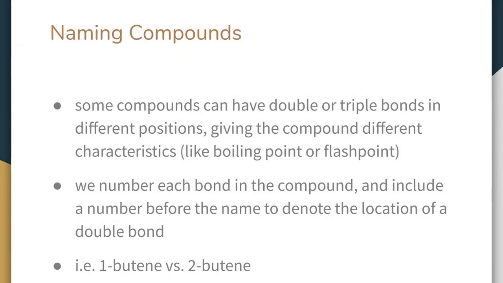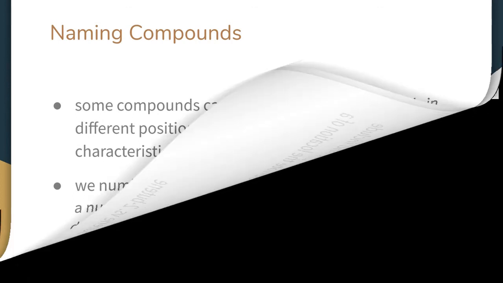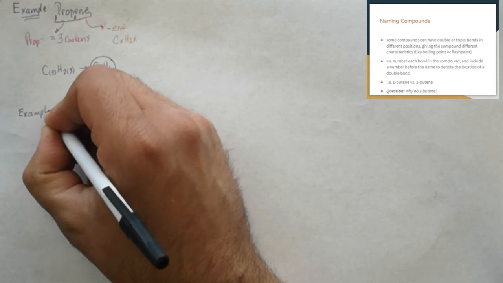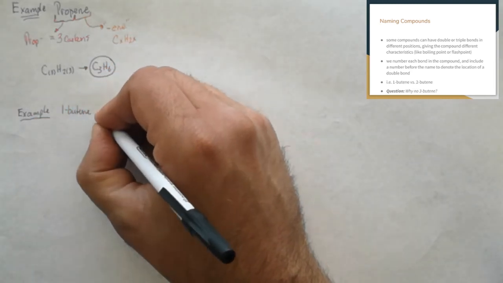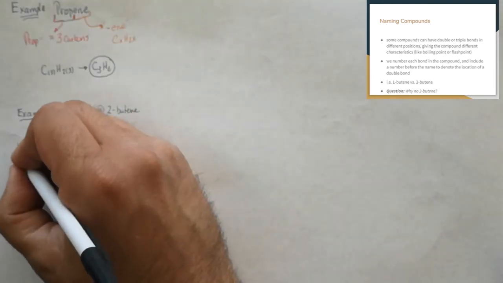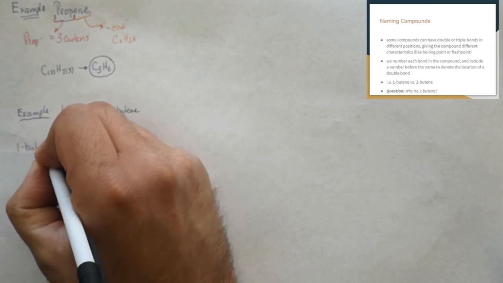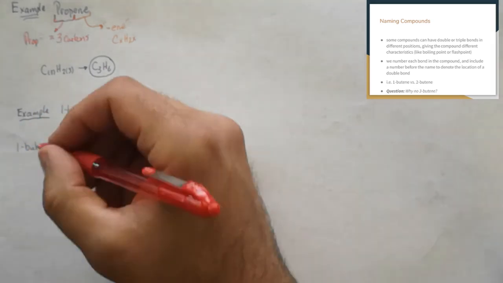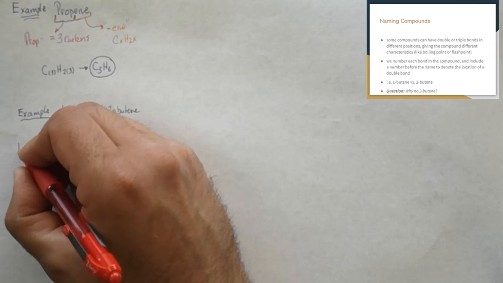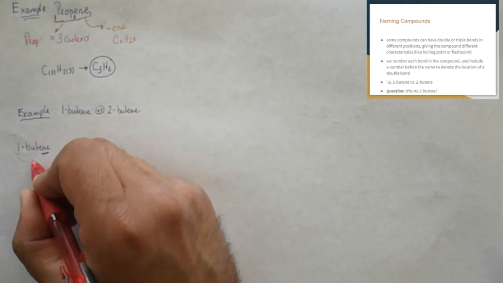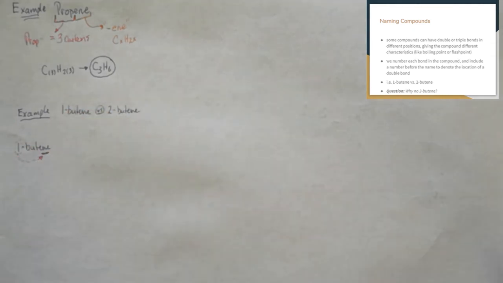Naming compounds. Some compounds can have double or triple bonds in different positions. We number each bond in the compound and include a number before the name to denote the location of the double bond. In this example of 1-butene and 2-butene, note how the double bond indicated by the suffix -ene is in the 1 position.